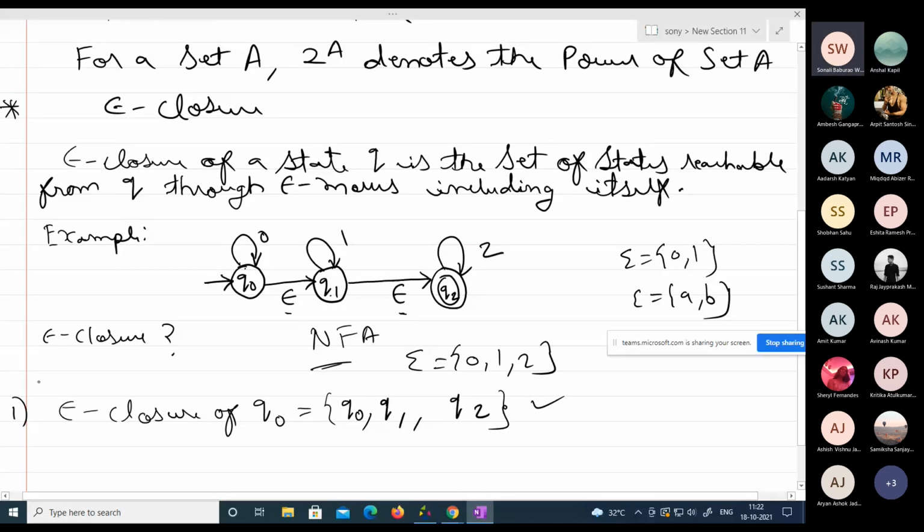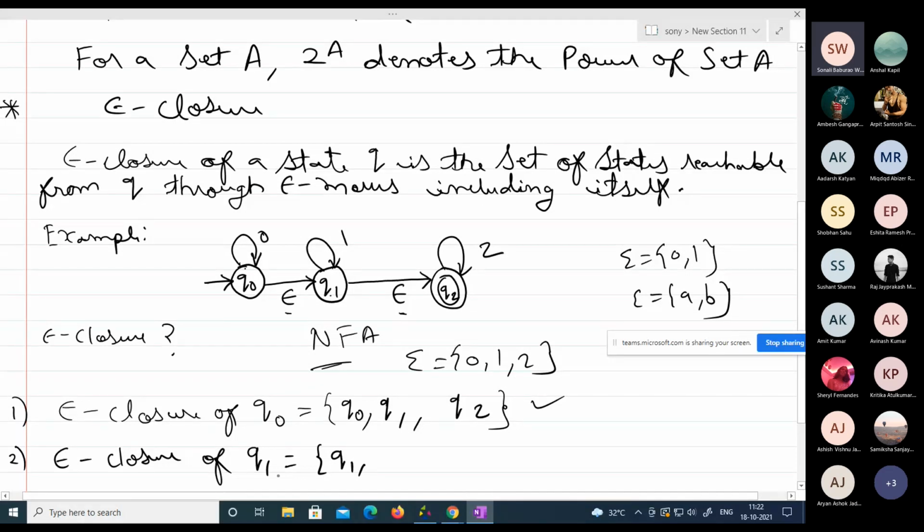Now, similarly, if I want to calculate the epsilon closure of Q1, I will start with Q1 because the definition says that epsilon closure of a state Q is the set of states reachable from Q through epsilon moves, including itself.